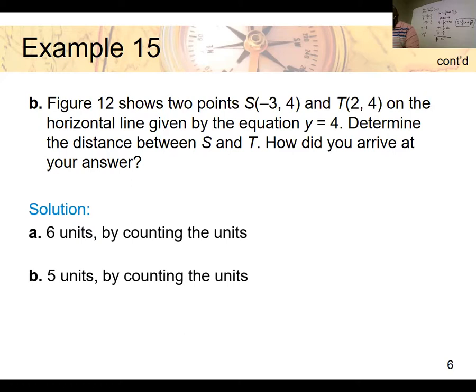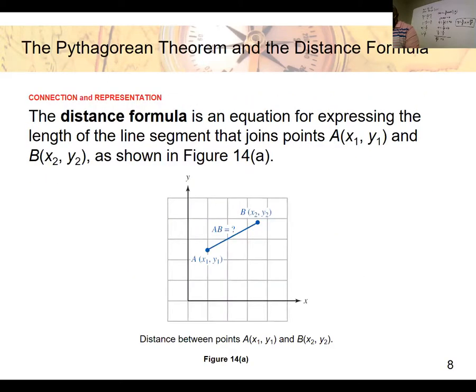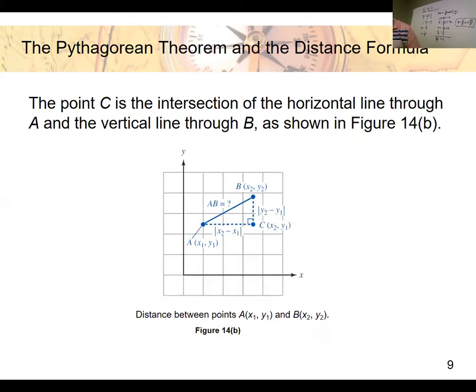the distance formula. Okay, so here the distance formula is an equation for expressing the length of a line segment that joins any 2 points, A, which is (x1, y1), and B, that's (x2, y2). So if I wanted to find the distance between those 2 points, which is the length AB, here's what they did.